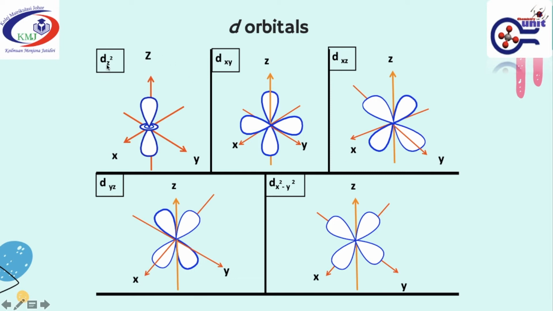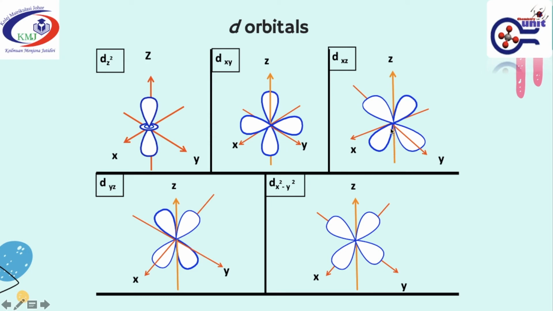The first one is dz square. It is called dz square because the orbital is on the z-axis. Next one is dxy. It is because the orbital is in between the x-axis and y-axis. Same goes for dxz.